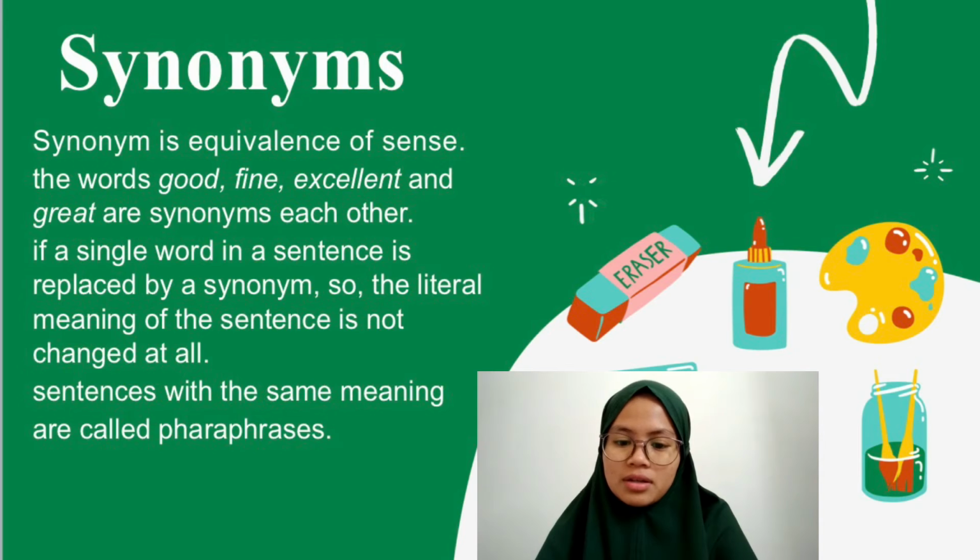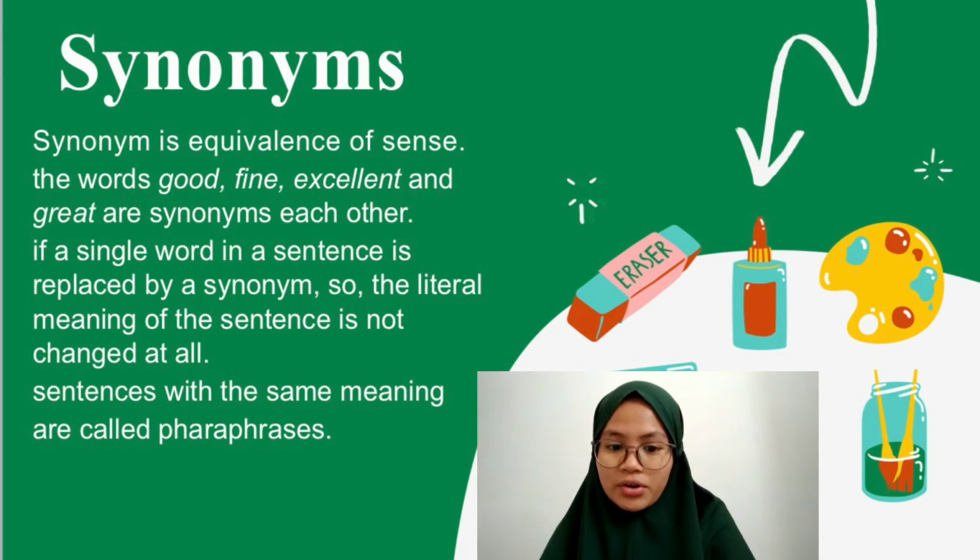And then we talk about the sense relations relevant to adjectives. First, synonyms. Synonyms are equivalence of sense, or people sometimes say synonym is similar meaning. The words good, fine, excellent, and great are synonyms of each other.